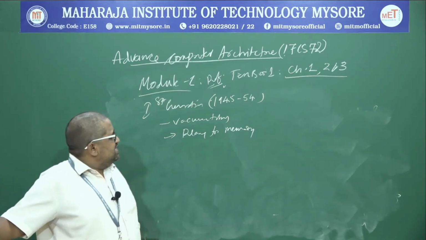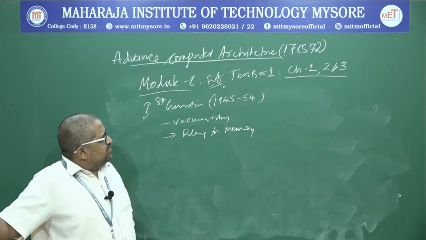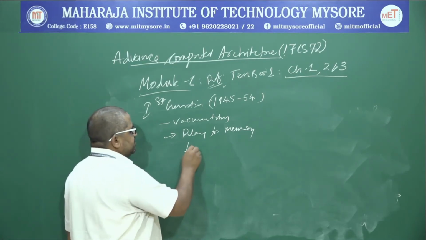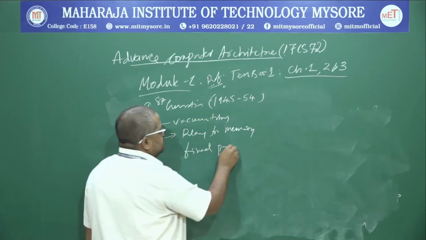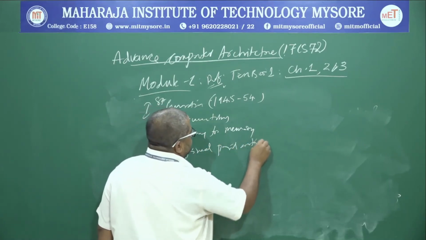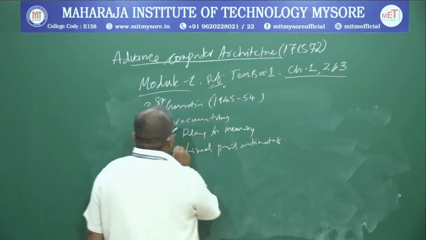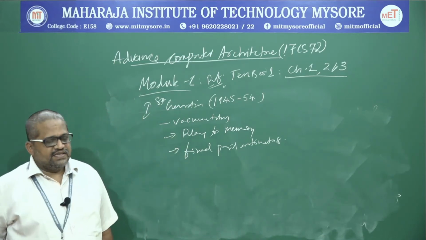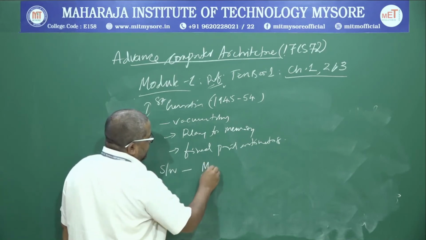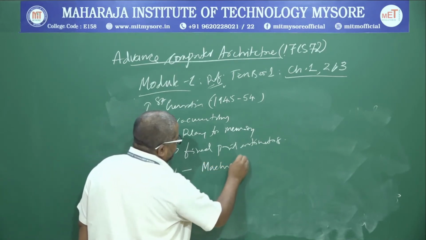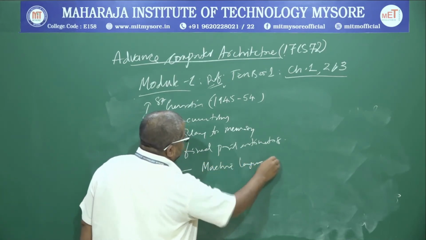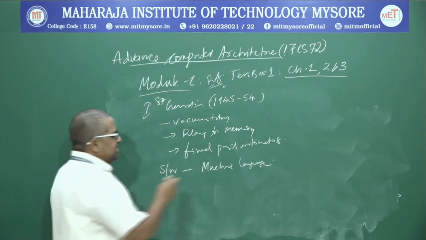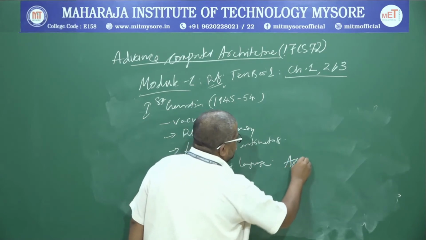And these first generation computing devices were able to perform fixed point arithmetics. The language that was used was a machine language, or simply we would call it an assembly language.